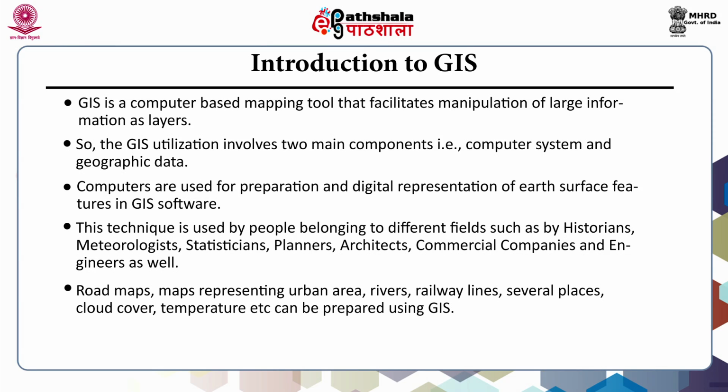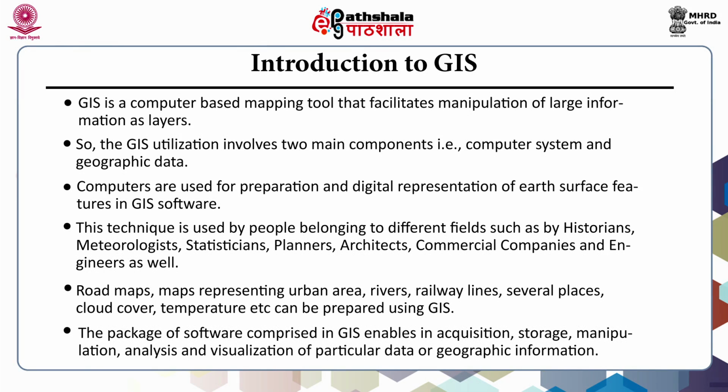Various applications of GIS include preparation of road maps, maps representing urban areas, rivers, railway lines and various other places. Cloud cover, temperature and other meteorological parameters as well can be prepared using GIS. The software package comprised in GIS enables acquisition, storage, manipulation, analysis and visualization of particular data or geographic information after the complete analysis.